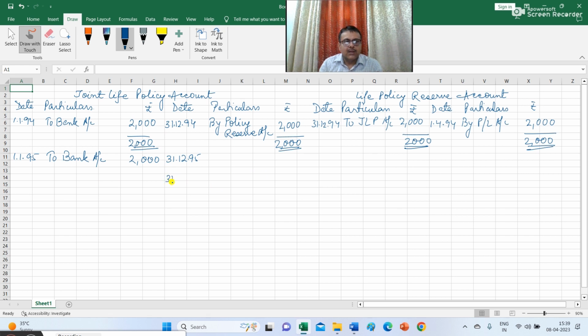Now it is given that on 31st December 95 the surrender value is rupees 1600. So I have to write here as by balance CD rupees 1600, and the balancing figure here will be transferred to policy reserve account, that is life policy reserve account, that is rupees 400.